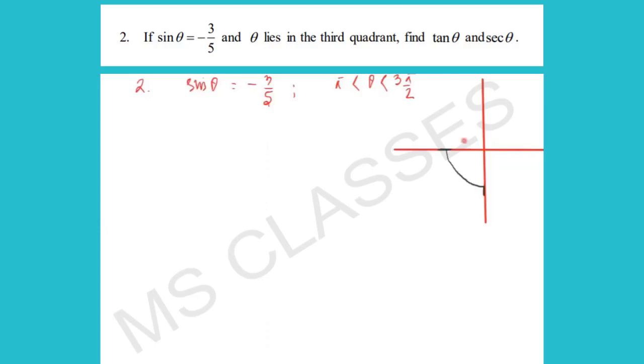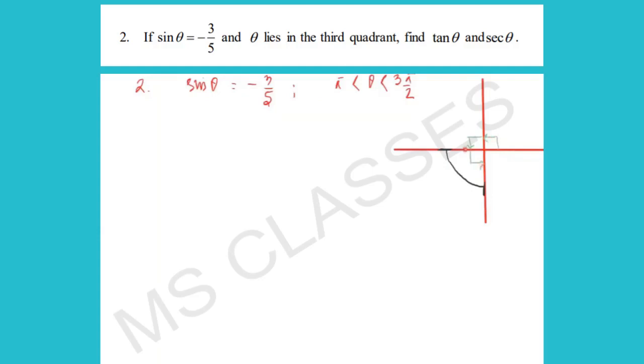This is pi by 2, this is pi by 2, so this total is pi. Then 3 pi by 2 is this one.